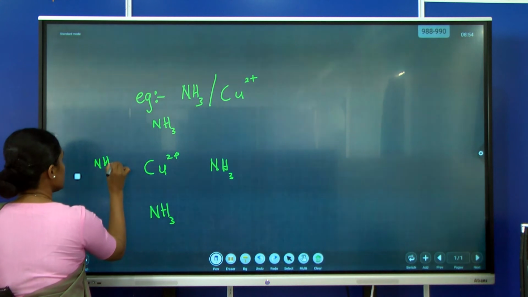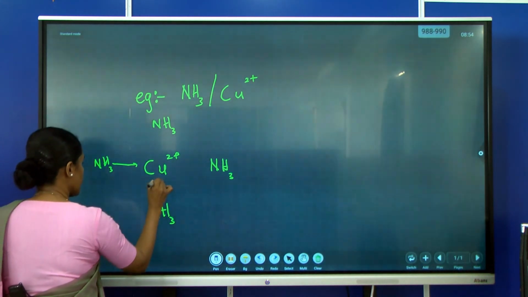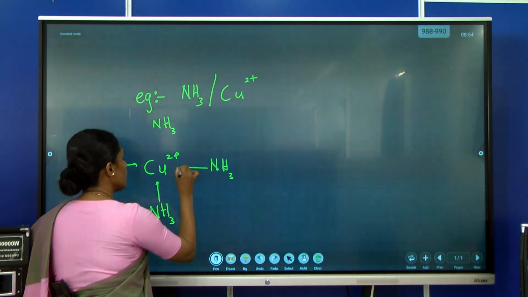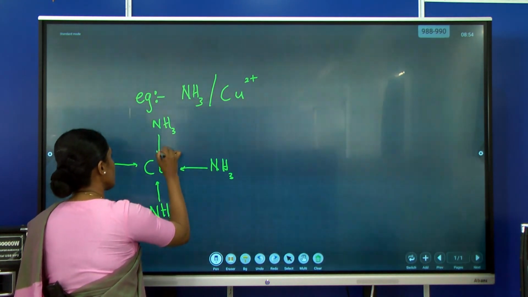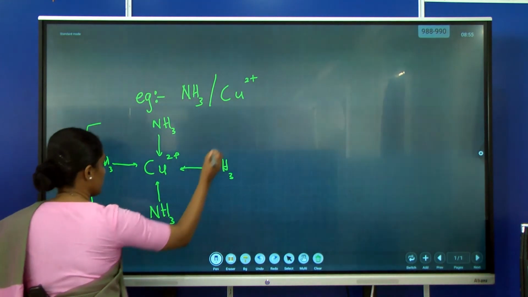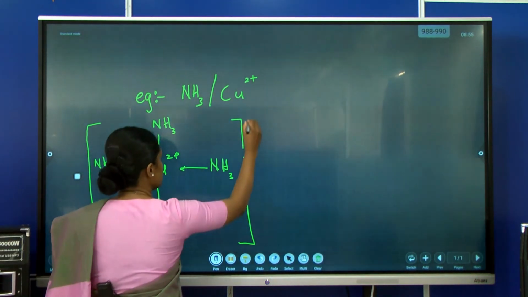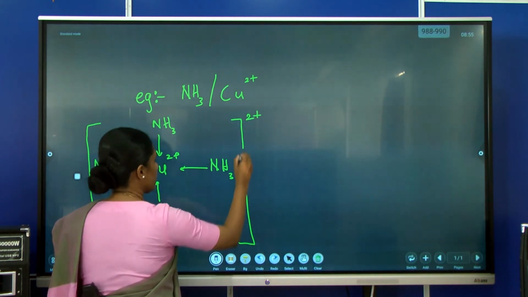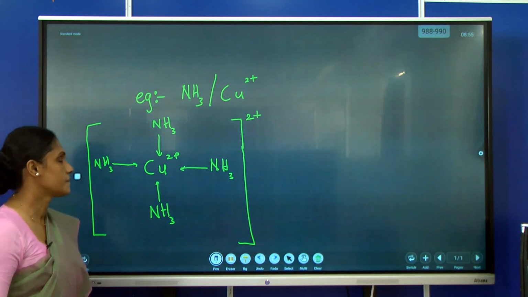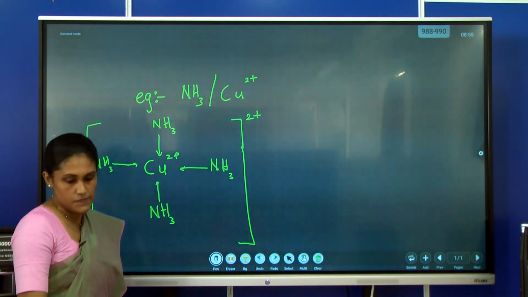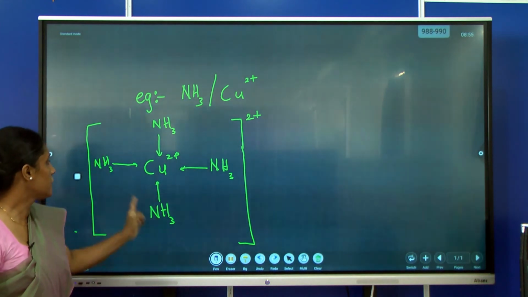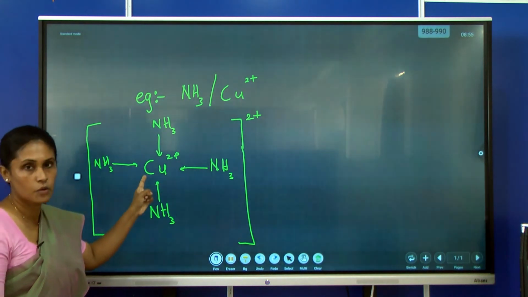This is ammonia, and this is a metal ion. See what will happen. This is your final result. See, 4 molecules of ammonia with the copper 2 plus ion.